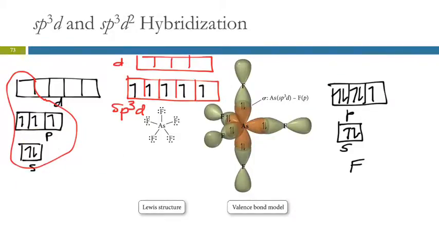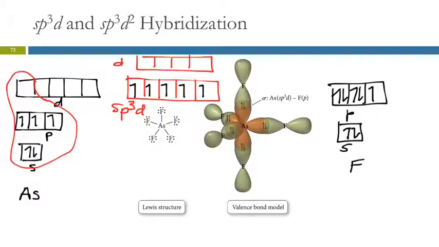Okay, so over here, this is arsenic. Arsenic's atomic orbitals. Arsenic all by itself, right? Its valence shell looks like this. It's got 2 electrons in the s and 3 in the p. When it forms a molecule, it hybridizes some of its orbitals, and it does that to lower the energy. And we don't need to worry about why or how it does that.